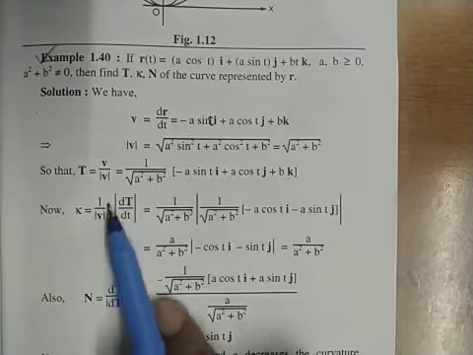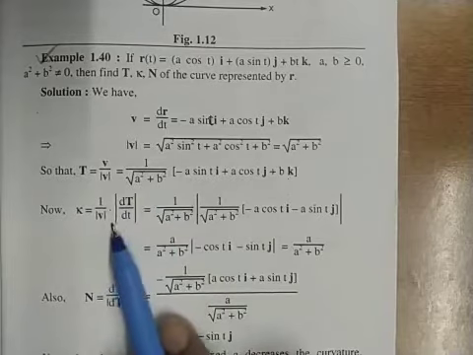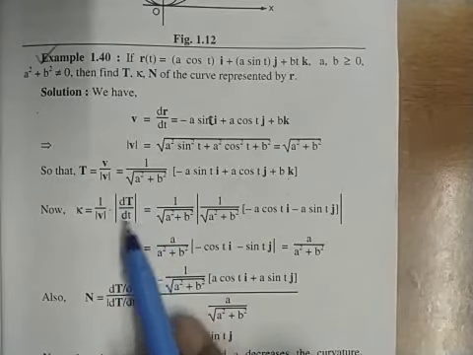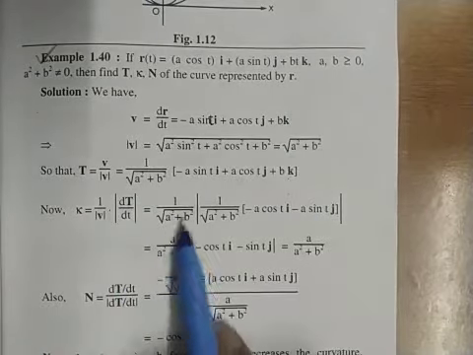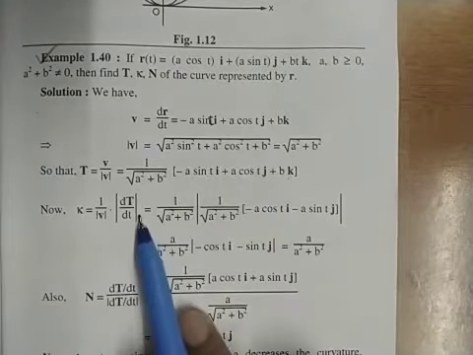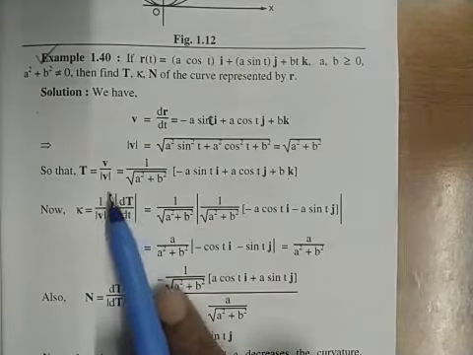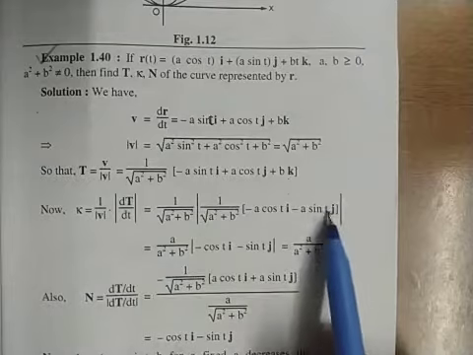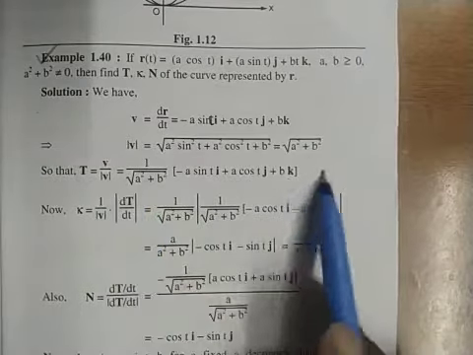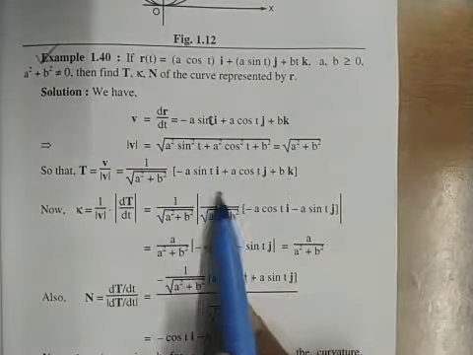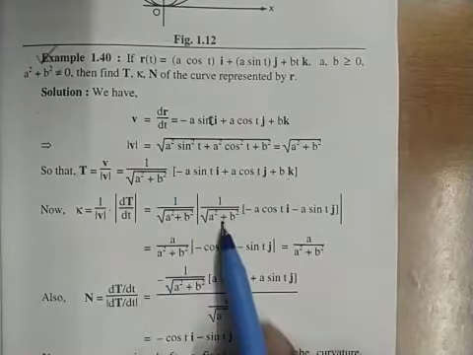Now, curvature is by formula 1 upon mod v into mod of dT by dt, that is 1 upon the square root of a² plus b² into mod of dT by dt. What is dT by dt? We take its derivative with respect to t. So this constant stays as it is.